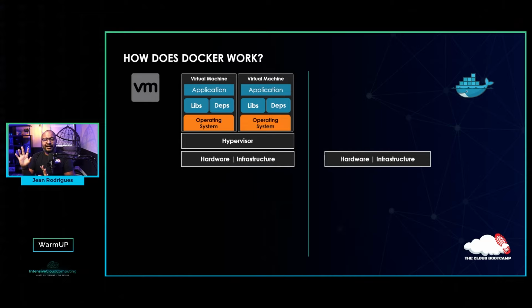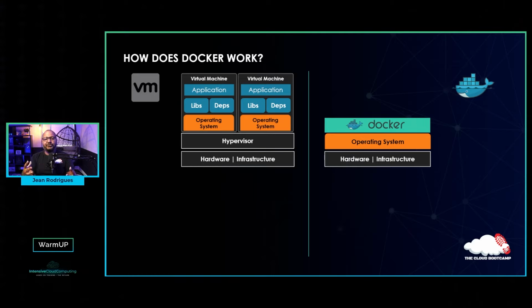Now, looking at a quick comparison of how a container like Docker would work, it's like this, right? First of all, the operating system is not going to be part of a container. The operating system, the kernel itself, is going to be outside of the container. And then inside of the container, you're going to have basically some libraries and all of that.